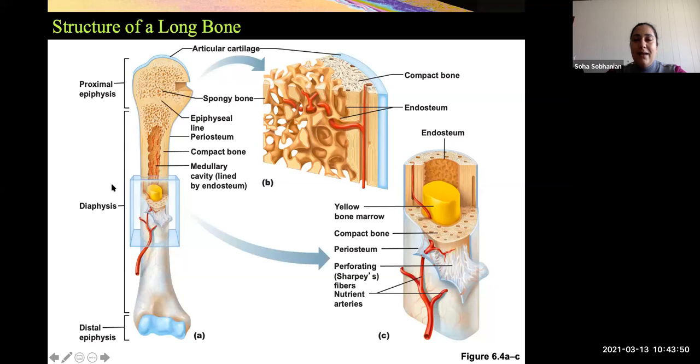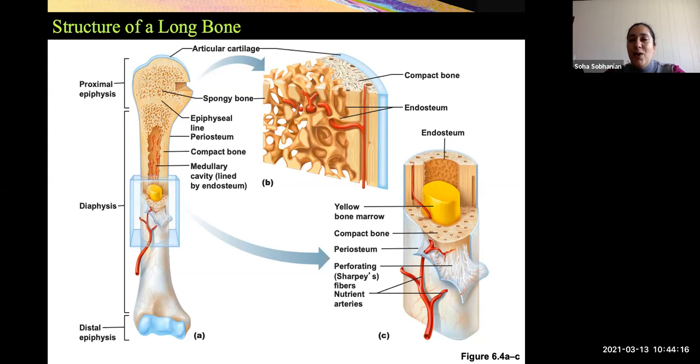If you look at the diaphysis, and you can see a zoomed-in version of this, you have a cavity at the center of your bone. This is the cavity. The cavity is called the medullary cavity. As you can see, it's filled with this yellow material. It is labeled here as yellow bone marrow.